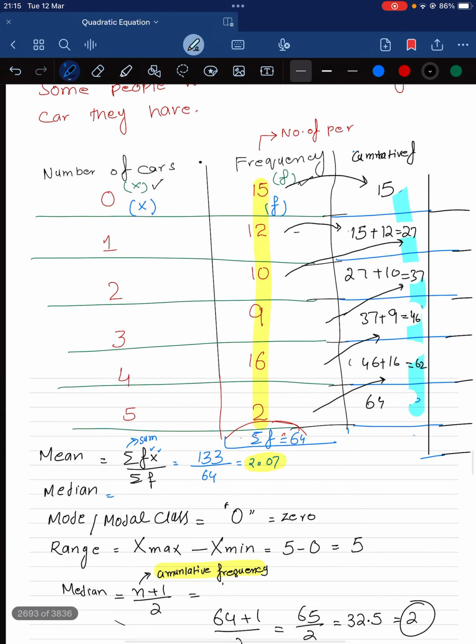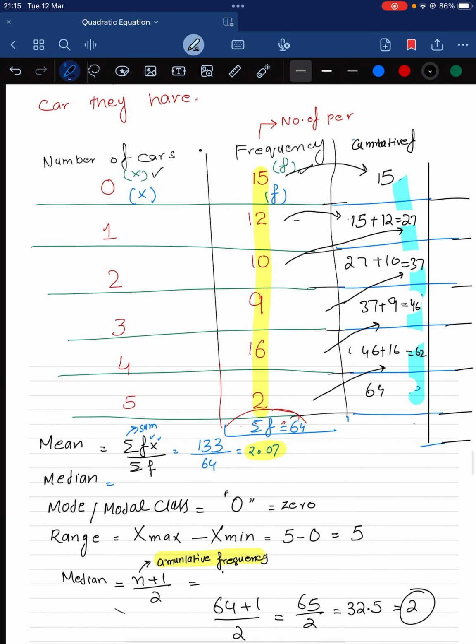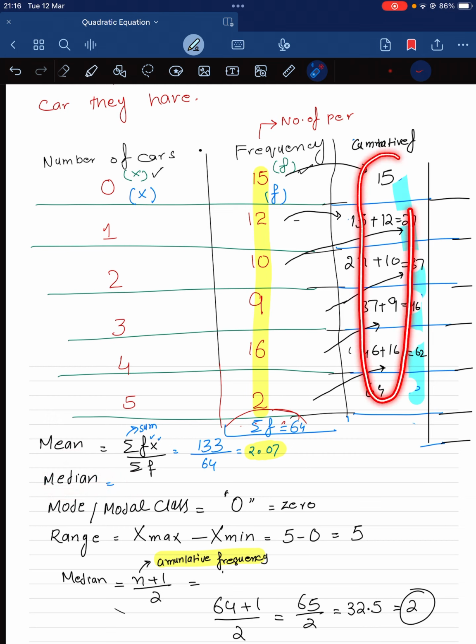So basically what we learned is that when we have a frequency table and need to find the mean, we draw a new column called f times x, which is the multiplication of f and x. Then we add all the f quantities and all the f x quantities, and divide them. This will give us the mean. To find the median, we first add the cumulative frequency column.